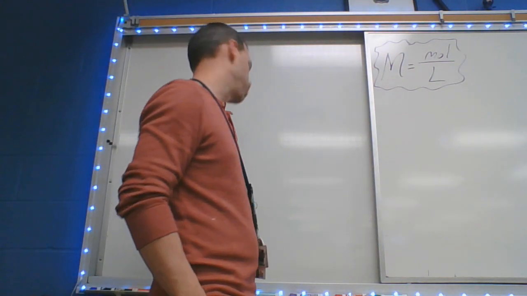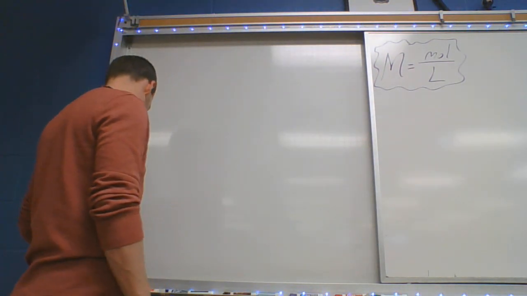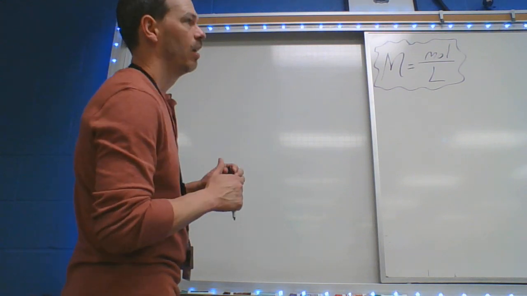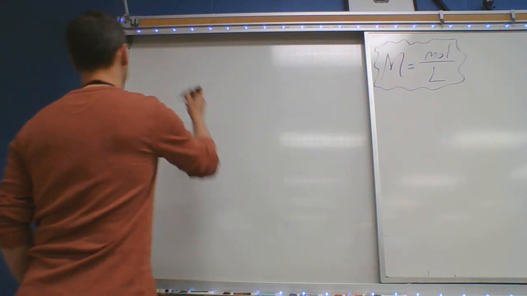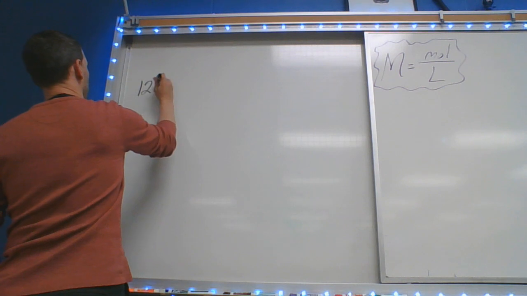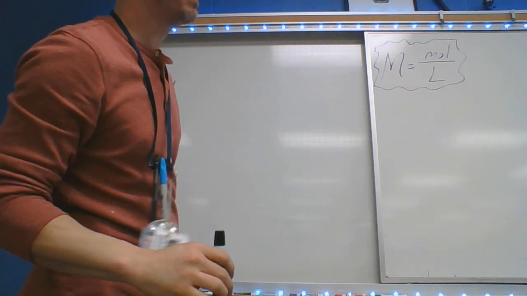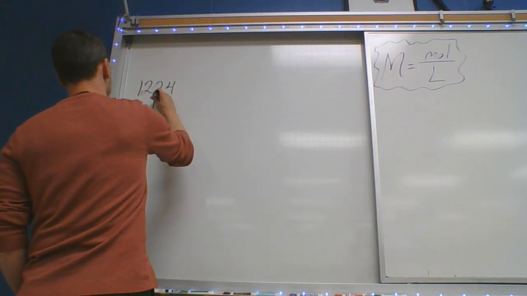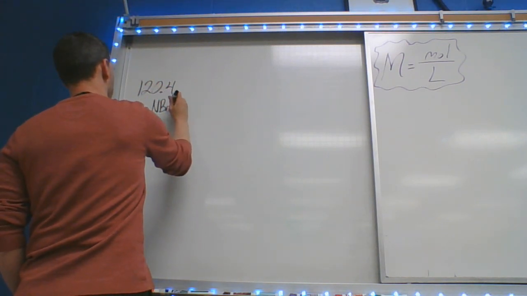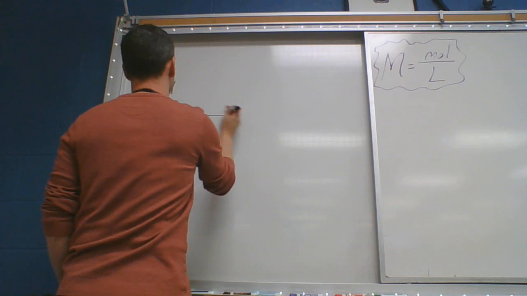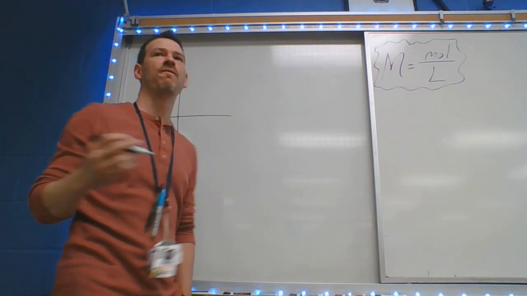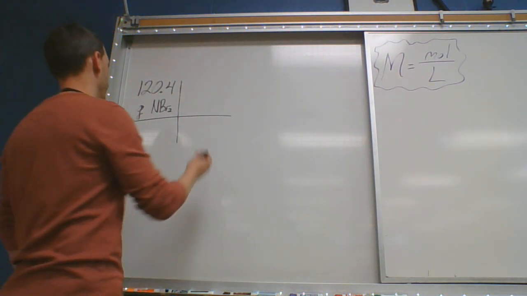It gives me grams, which is no good. So I'm going to take the 120.4 grams of nitrogen dibromide and change it to moles, which can fit into the molarity equation.